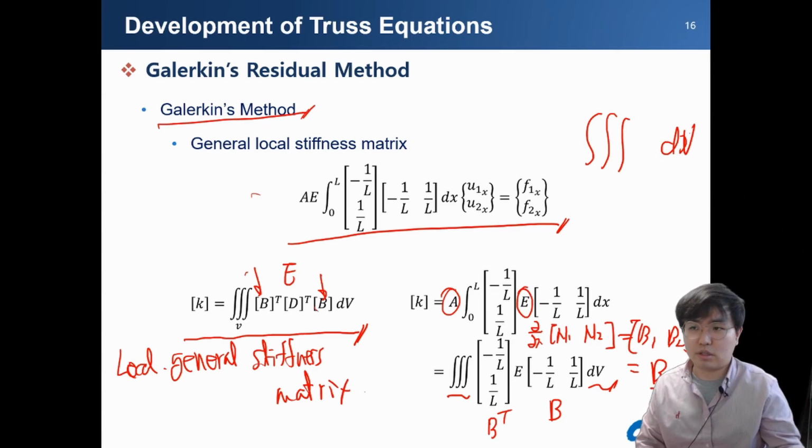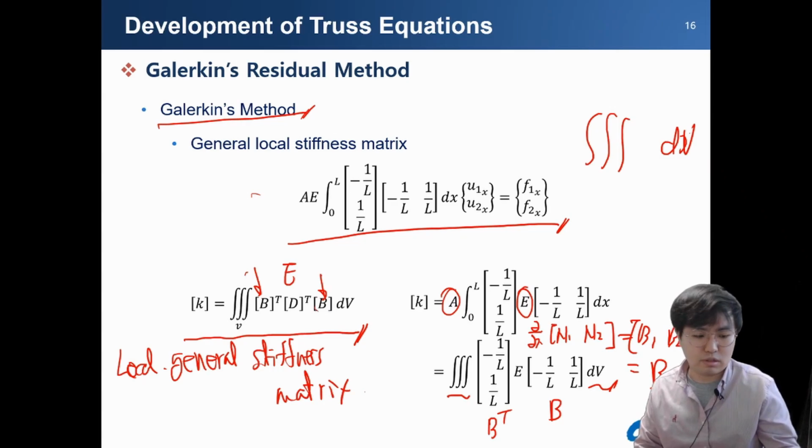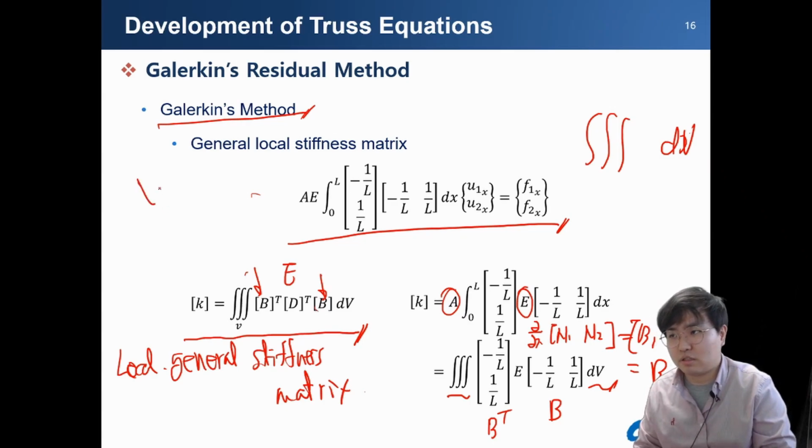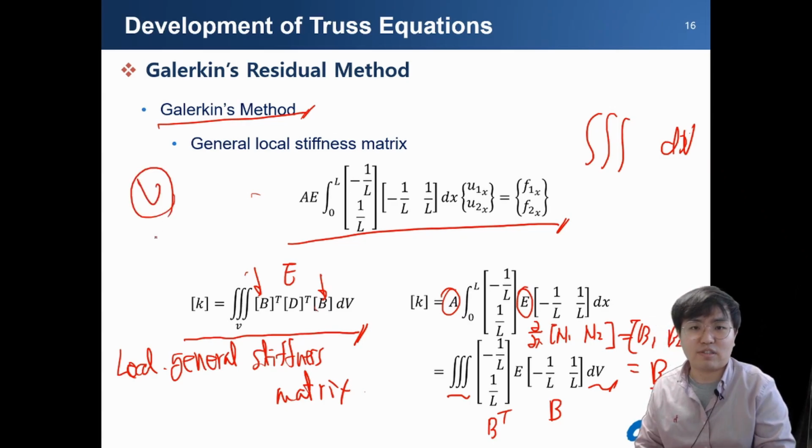This method can be applied to any type of differential equation. Although in our lecture we only handle solid mechanics, heat transfer or fluid dynamics can also be described by differential equations. So using the Galerkin residual method, you can just add some arbitrary weight function in front of your partial differential equation and derive your FEM equation.